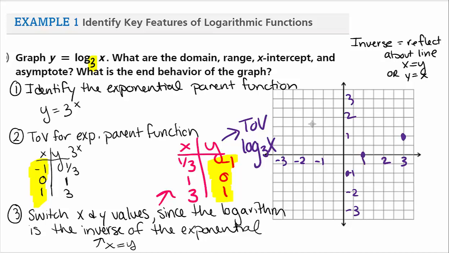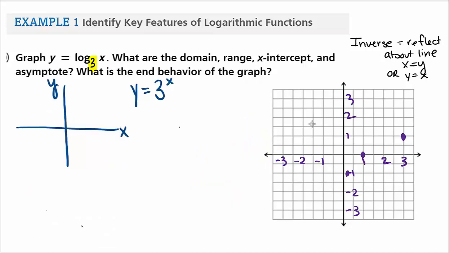Now I'm going to pause there for a second to remind you about our exponential function. Over on the left, I've made a really quick sketch of what will be our parent function, which is the exponential. Now the base is a number that's greater than 1, so that means it's going to be a growth. And it's going to go through that point 0, 1.